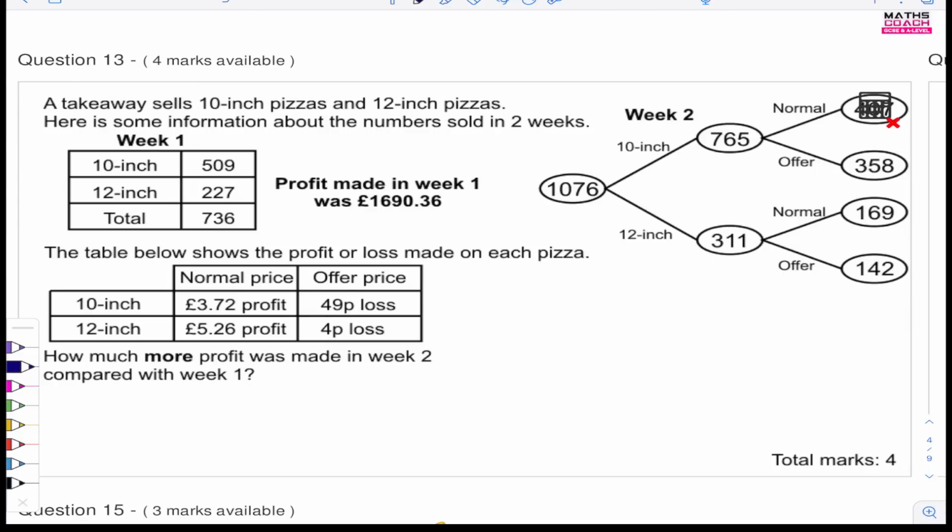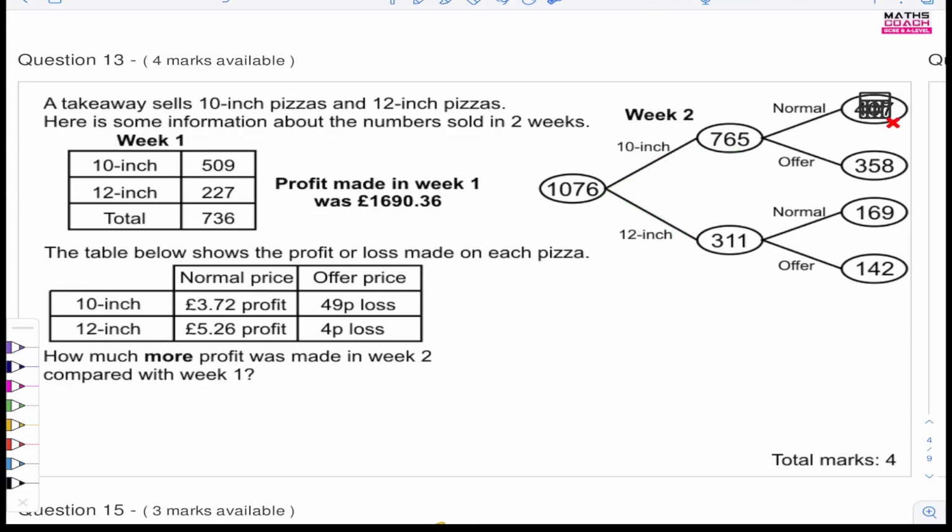So in week 2, we sold 10-inch pizzas, 765 of them, and 12-inch pizzas, 311 of them. The total of these two is 1,076. So this here is broken up individually as 10 and 12-inch pizzas as those two values.